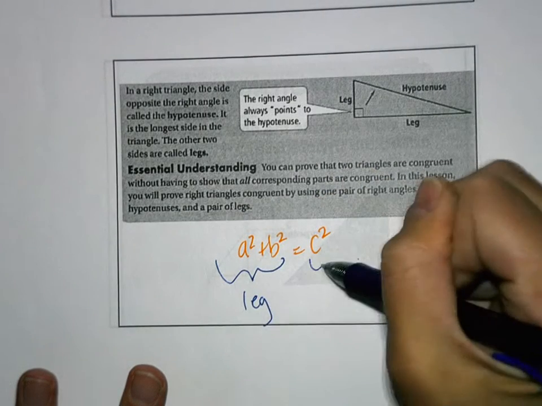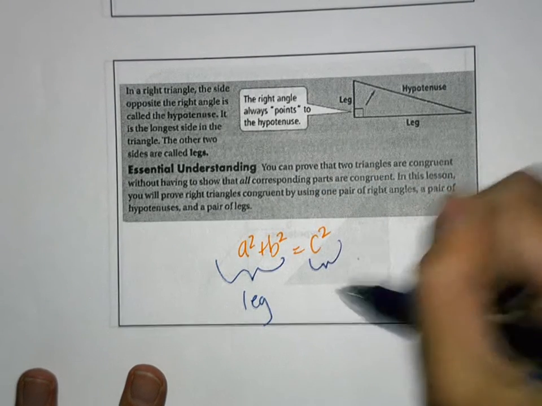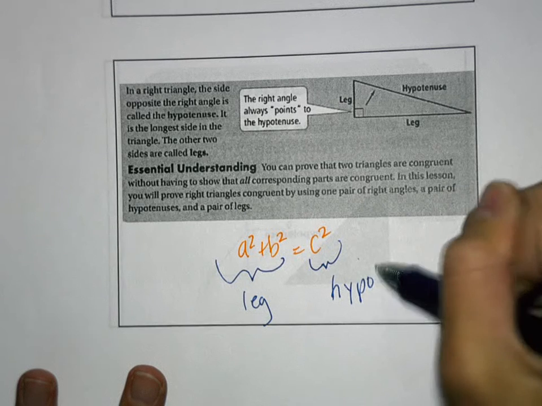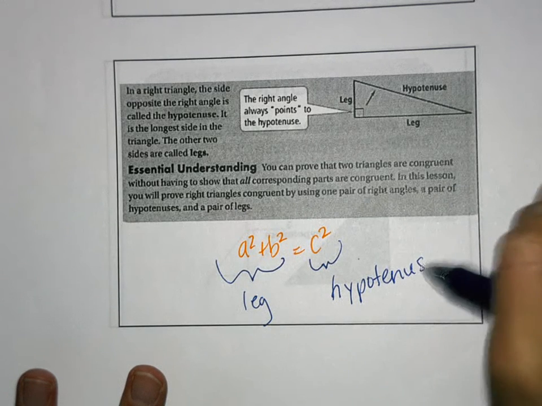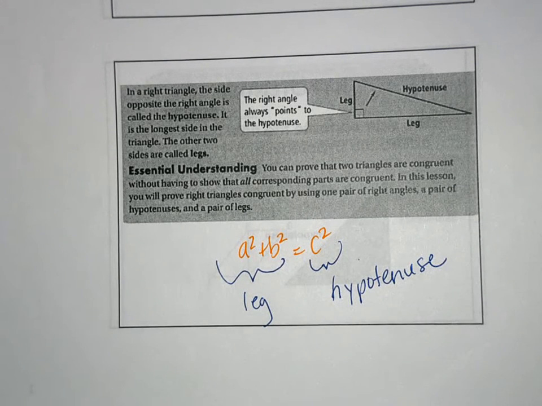Good. And so if you have a right triangle and you have the hypotenuse value and the leg value, you are able to show congruence. Okay, so we're going to move on. Are we good? Okay.